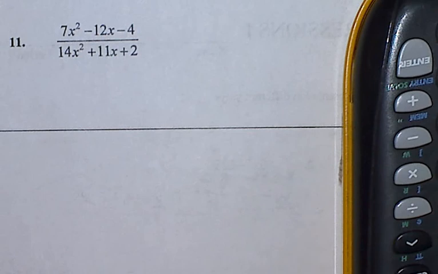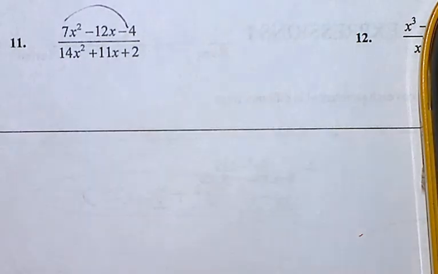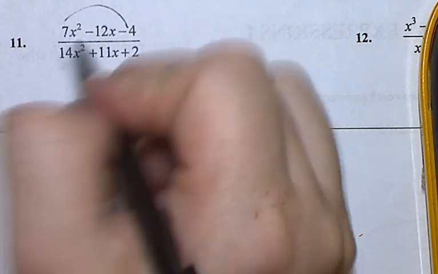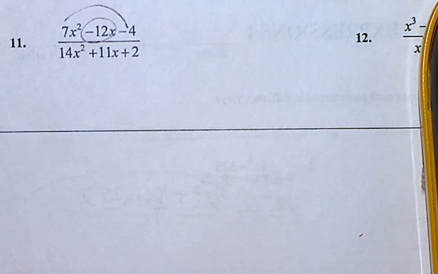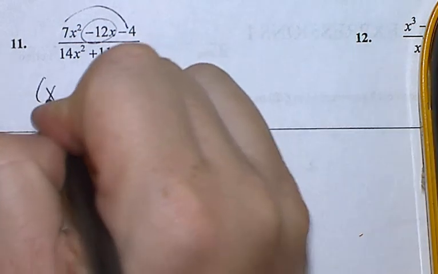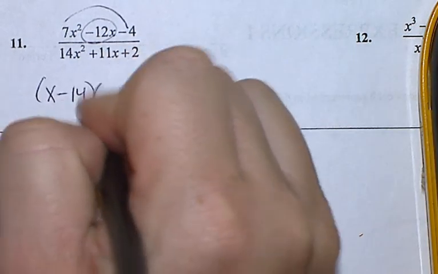Okay, so we're going to start with the numerator. What multiplies to equal negative 28 and combines to equal negative 12? 1 and 28, no. 2 and 14, I think 2 and 14 will work. So it's going to be x minus 14 and x plus 2.